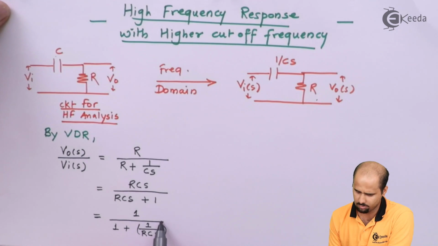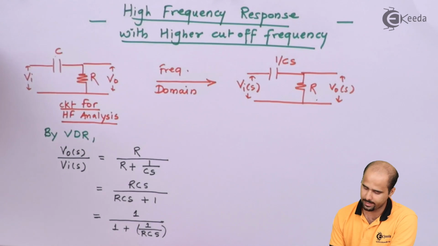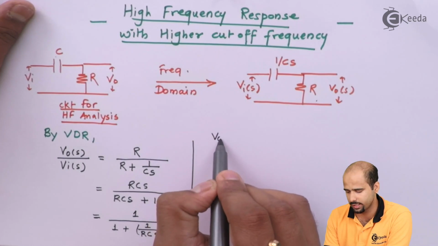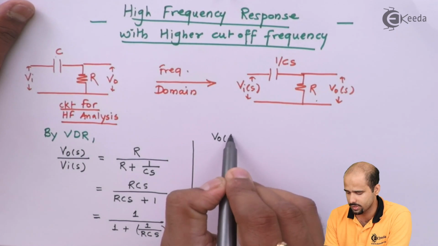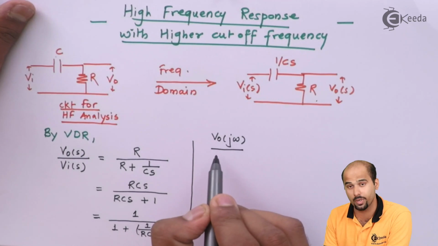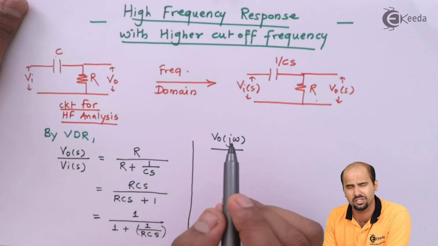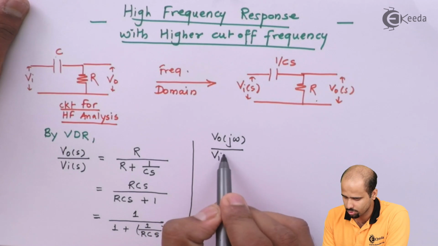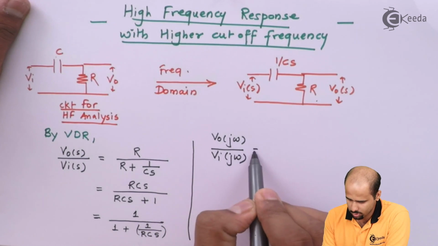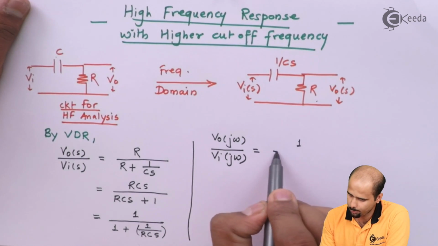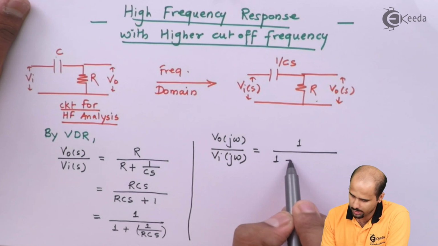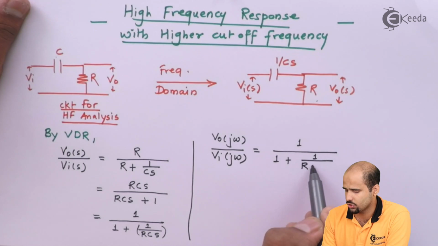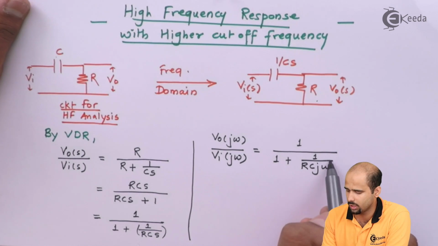This change is required, that's why I did it. We will write the gain in terms of j omega, replacing S by j omega, and omega is nothing but 2 pi f. So this will become 1 upon 1 plus 1 upon RC j omega.